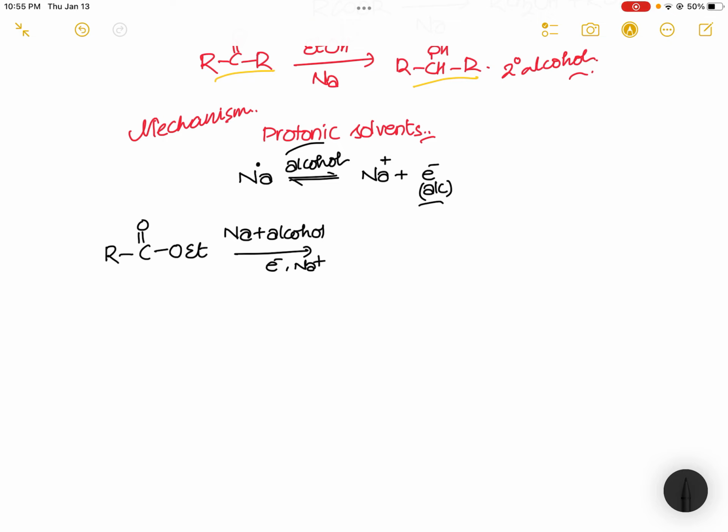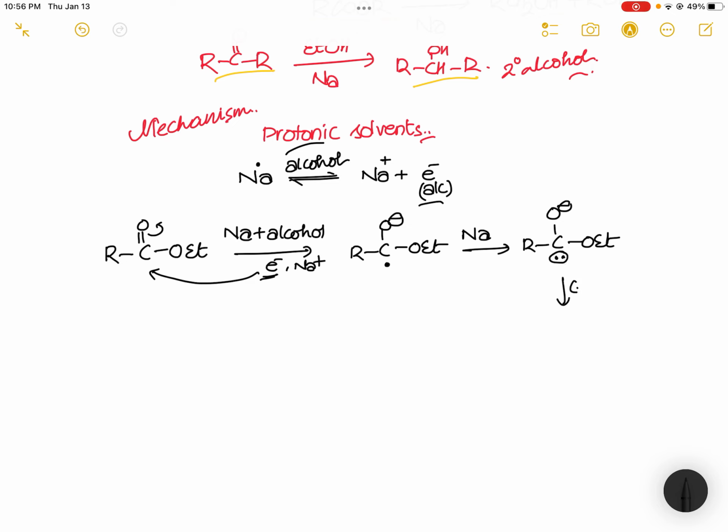Now this electron pair is shifted here, RC becomes O minus, and this electron is added to this carbon, one electron. You can expect the same from one more sodium. It becomes O minus. Now two electrons are there. Two electrons means you can say this is like an anion.